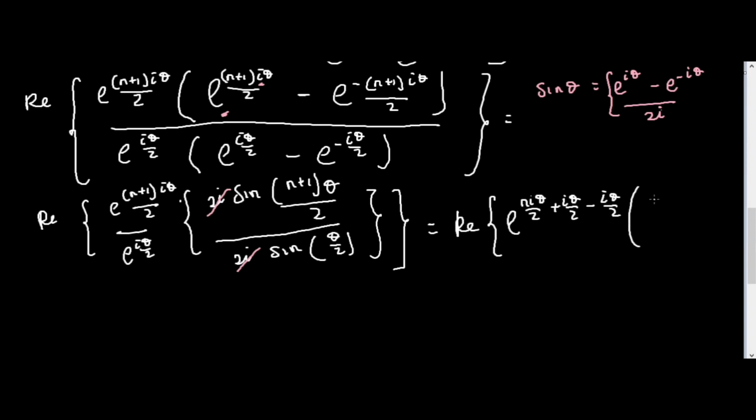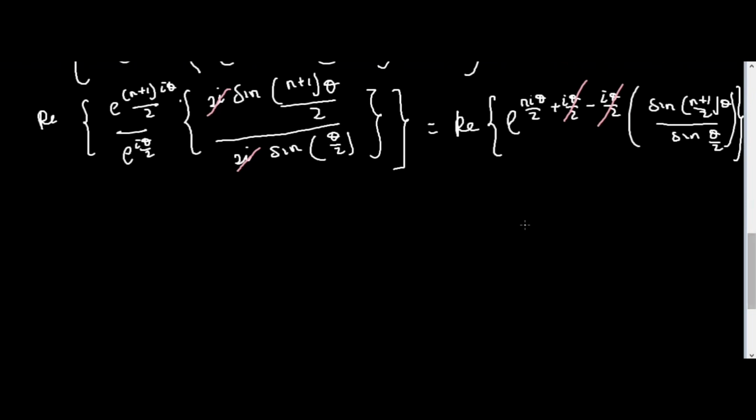So I'll just have sine of (n+1) over 2 θ, then over sine of θ over 2. So it's already looking like where we are going to. So this cancels this, so you can get rid of that, and we are at this point. The real part, okay? The real part of e raised to power niθ over 2, are we together?